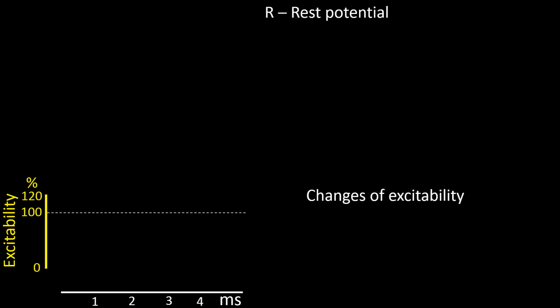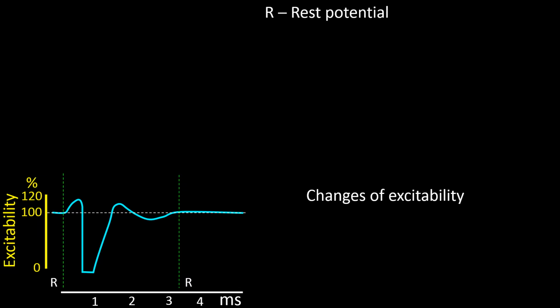The segment of a fiber that at a given time is said to have an excitability above 100% would require a lower intensity stimulus to produce an action potential than when the same segment has an excitability of less than 100%. I have now introduced a tracing that reflects the excitability status at different times in the course of an action potential, specifically of the action potential I presented to you before.